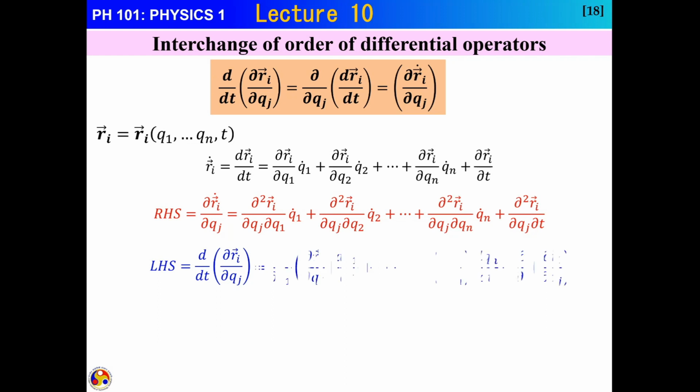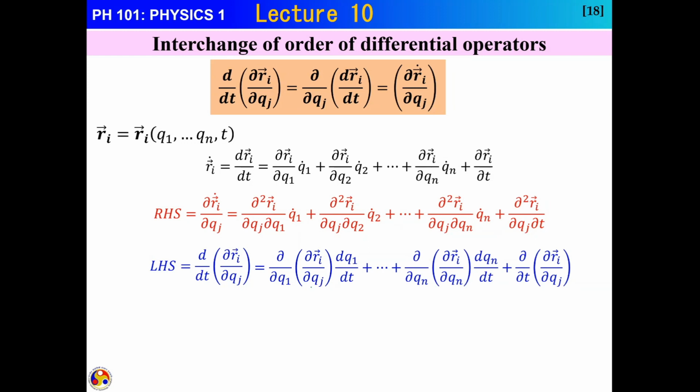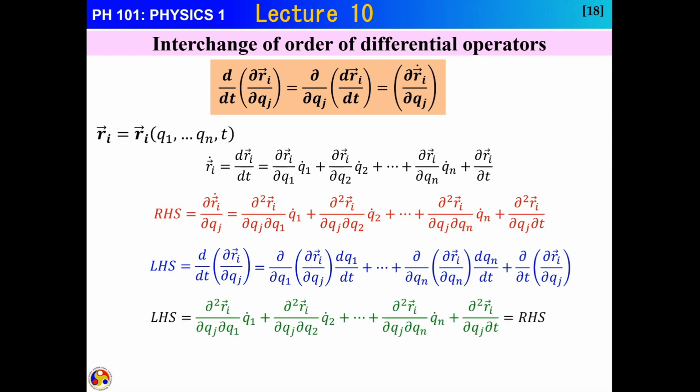So I can write the d by dt term as the change of the derivative dou by dou q1, and this way. So you can bring it. And now this can be expanded so that this is dou square r by dou q dou qj.